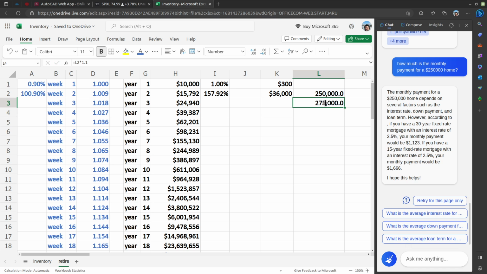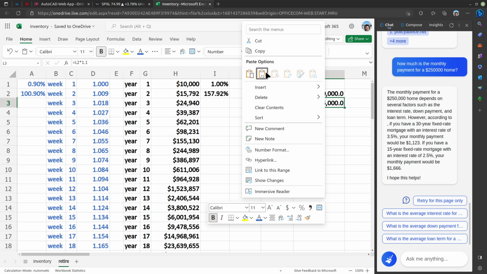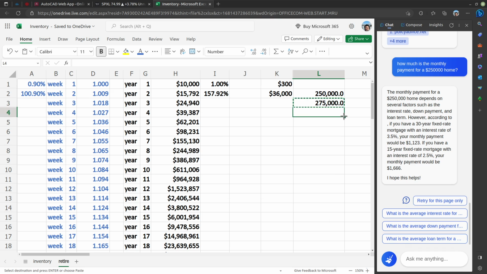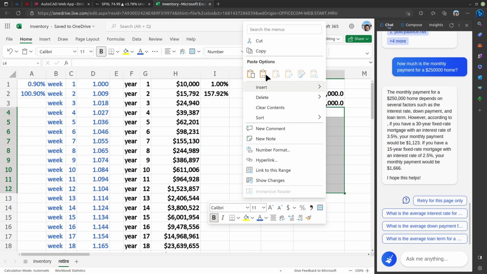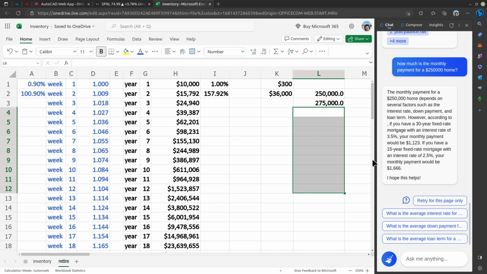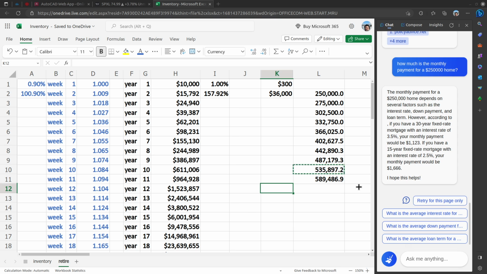Okay, I'm just guessing here. Copy and paste this part of this. So here we go. Let's say this $250,000 apartment goes up 10% every year. It's possible, right?